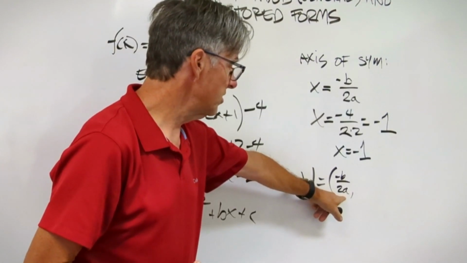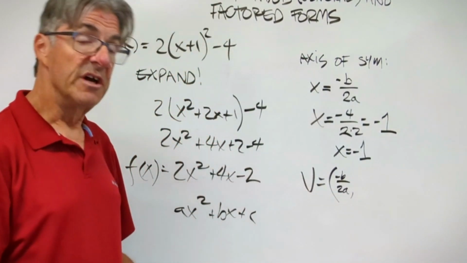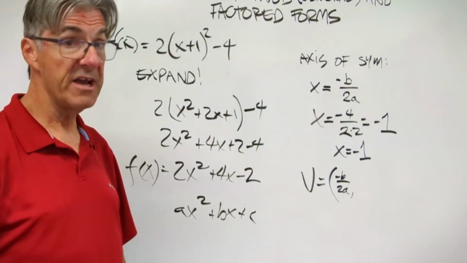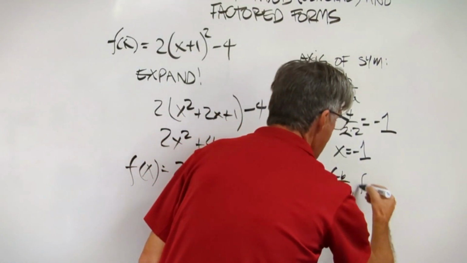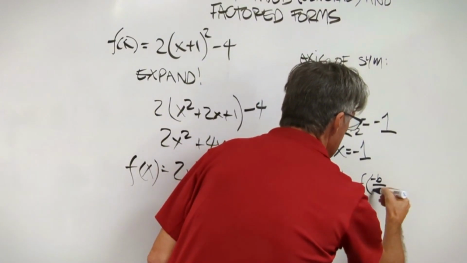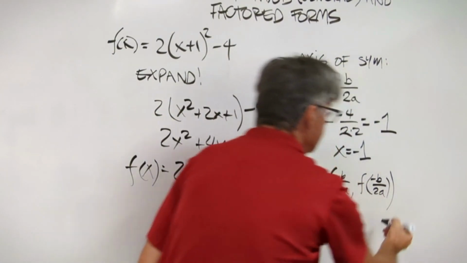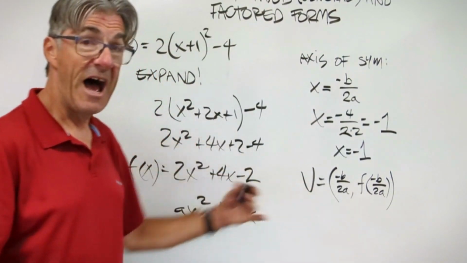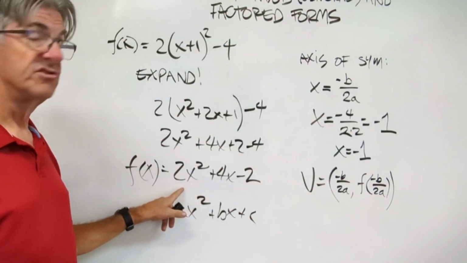So that's the x-coordinate of the vertex. Then what we do is we take that x-coordinate and we run it through the function to get the y-coordinate. So the y-coordinate is going to be f of -b over 2a. So this is your recipe for getting the vertex out of a quadratic equation in general form.